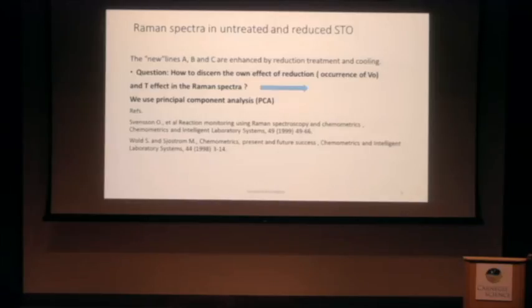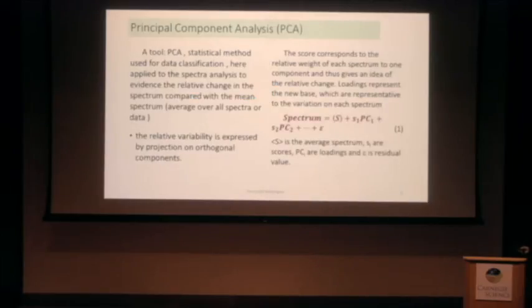For this, we use principal component analysis. It's a statistical method which can provide the relative change of a spectrum compared with the mean spectrum, if you make an average of all spectra or all data. So that means that a spectrum can be expressed as a function of the average mean spectrum and as a function of principal components.